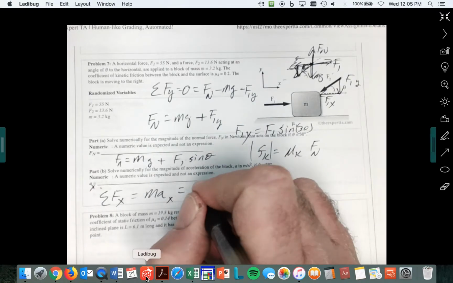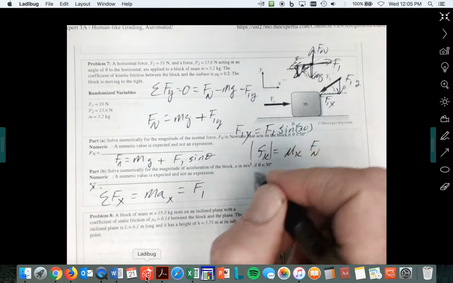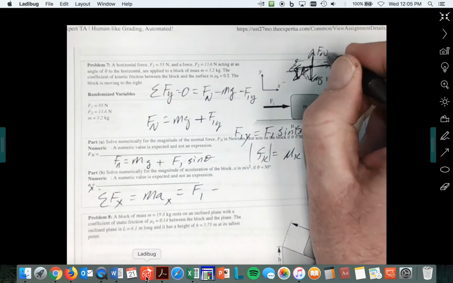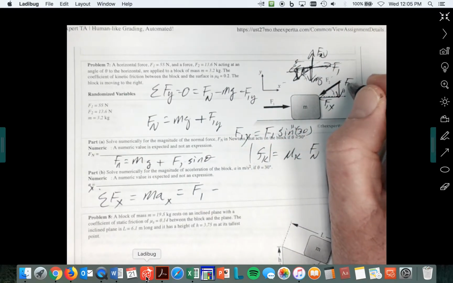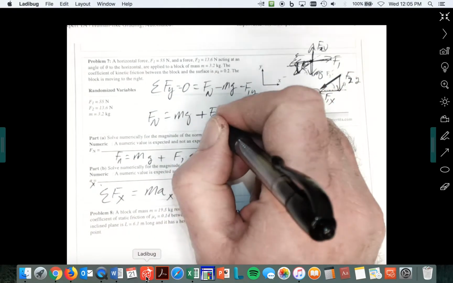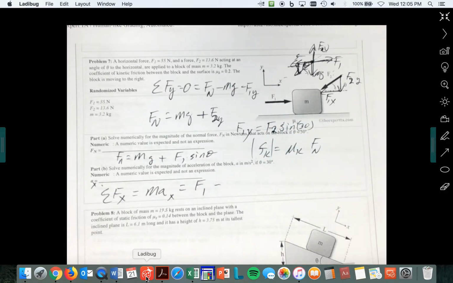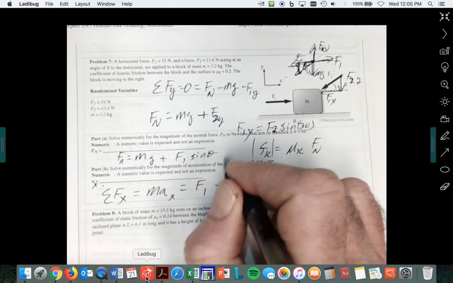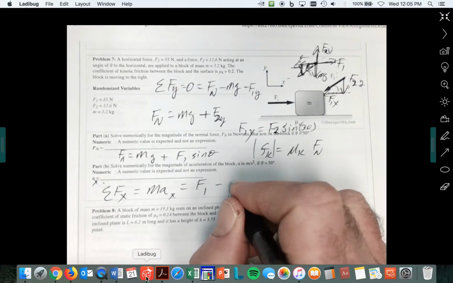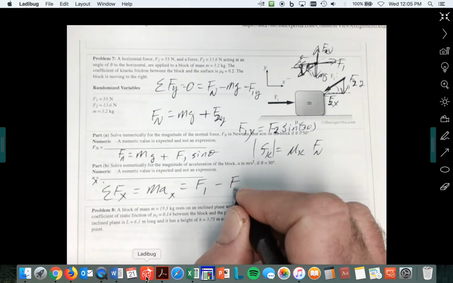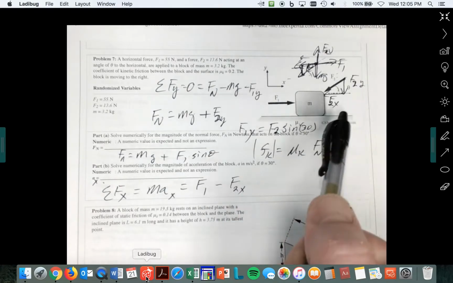Well, we've got F1, which is positive, minus, or was this F2? I'm sorry, that's an F2, my glasses. I should probably start over, but I'm not going to. Positive F1 minus F2 of x, it's supposed to be F2.